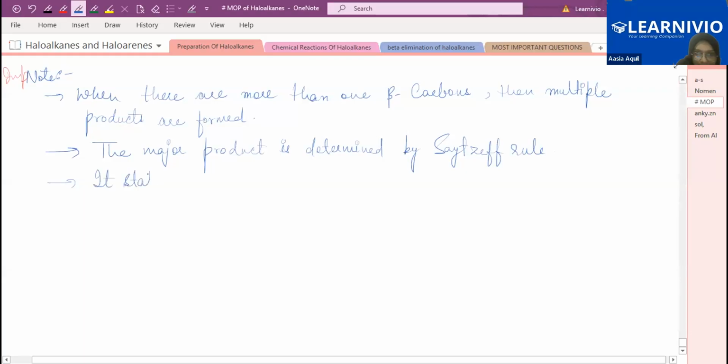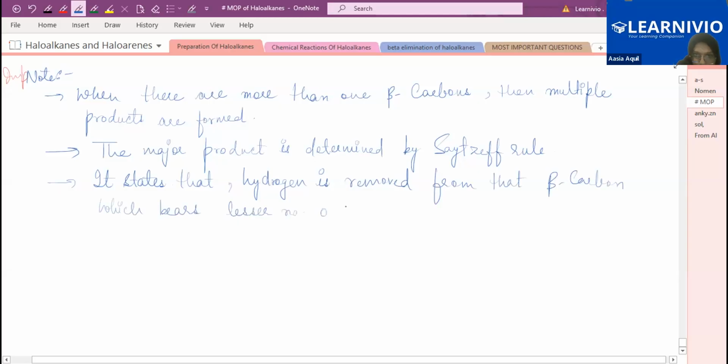The Saytzeff rule states that the hydrogen is removed from that beta carbon which bears lesser number of hydrogen.